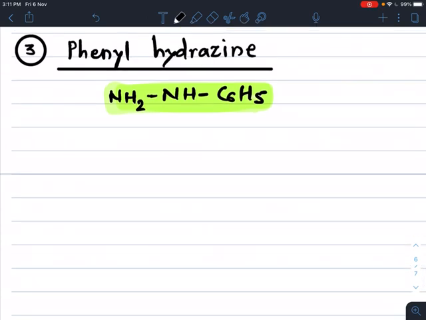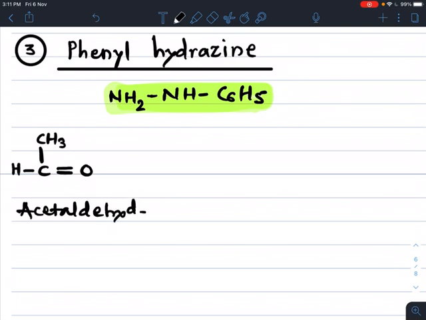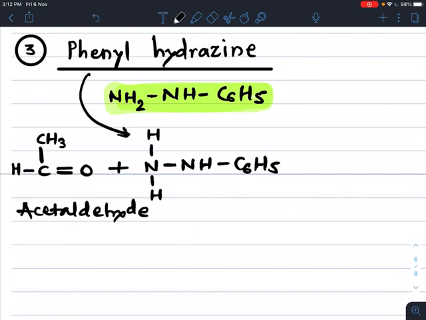Let's see. If we take an example of aldehyde CH3CHO, I can write a direct aldehyde example, acetaldehyde, or ethanal. When treated with phenylhydrazine, NH2NHC6H5, when the reaction takes place in weakly acidic medium, a reversible reaction takes place, and in the first step the addition product is formed.